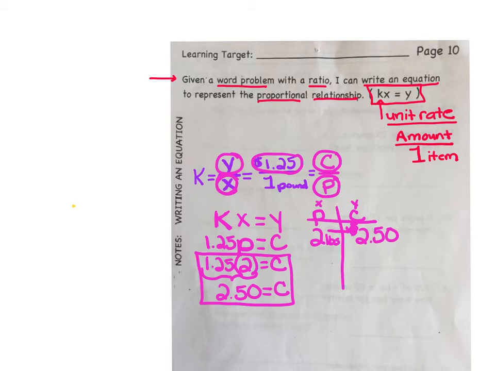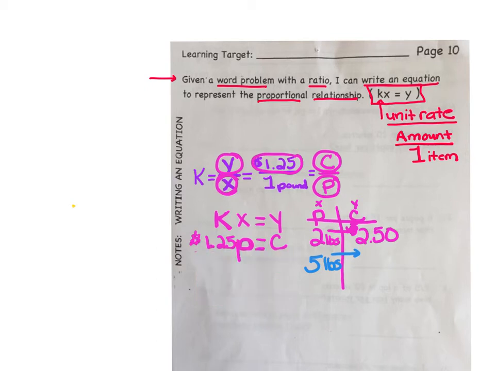Let's say we want to buy more. Let's say we want to buy 5 pounds of candy. How much will that cost us? Let's use our equation. $1.25 times p, which happens to be 5 pounds of candy this time, equals c, the cost. Let's multiply. 125 times 5.